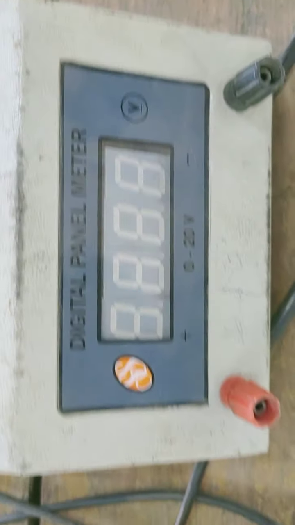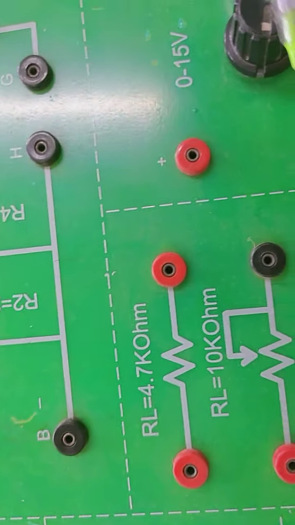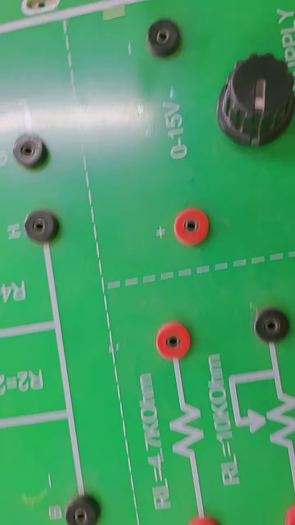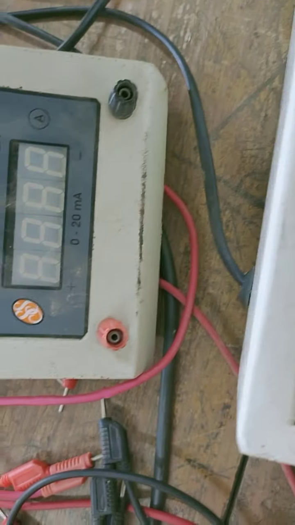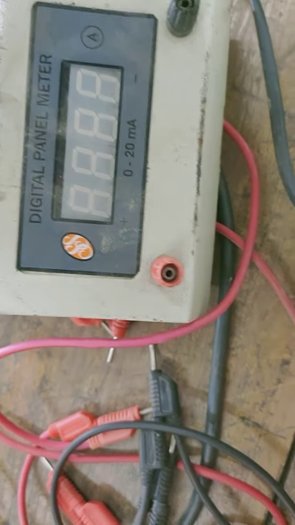Both have red with red, black with black. You have to connect these 2 points of Norton's theorem with the supply red and black and also voltmeter and current meter, right?